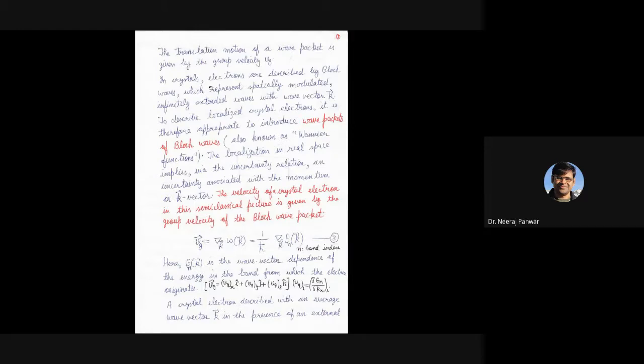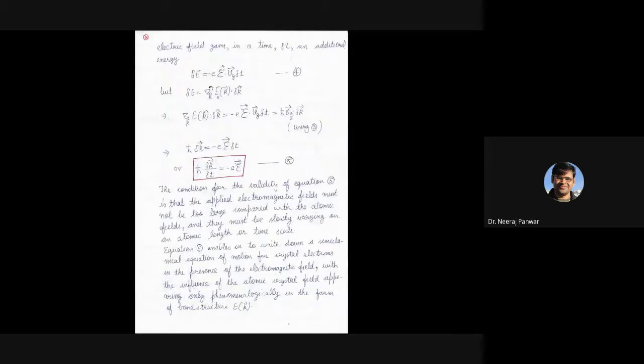What the electric field will do is that the electron will start getting accelerated. Acceleration means it will gain some energy from the electric field, and how much energy it will gain in delta t time under the influence of the electric field E would be given as delta E equal to minus E times Vg delta t.